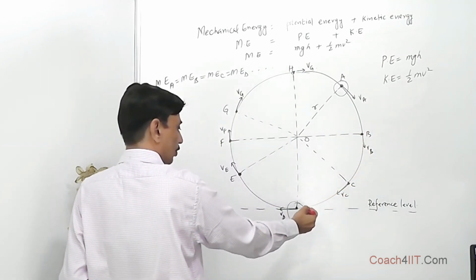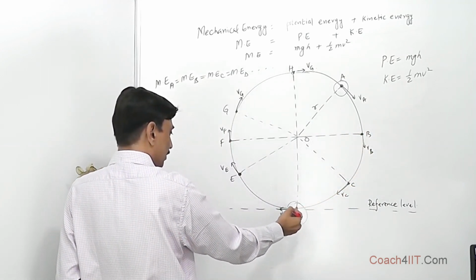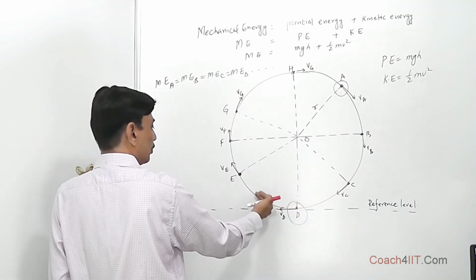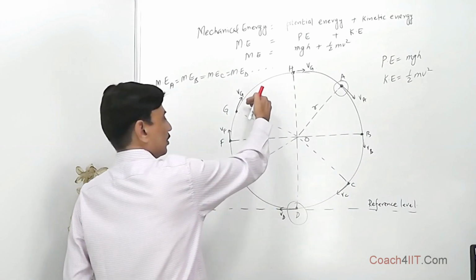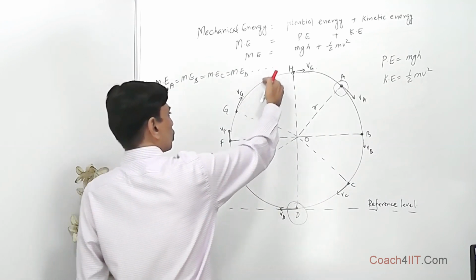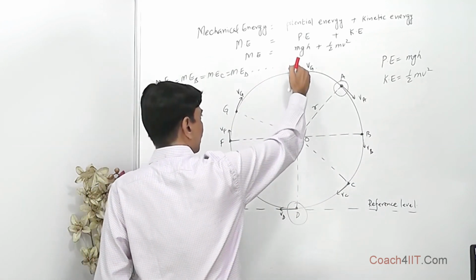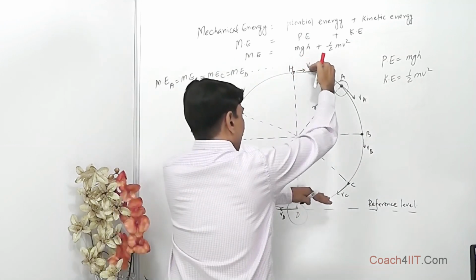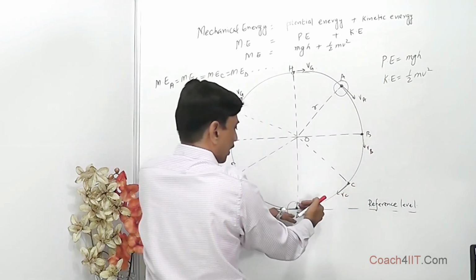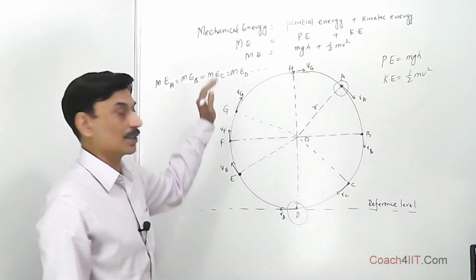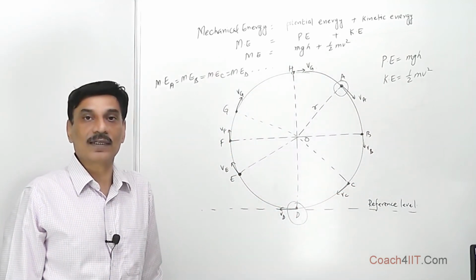We have a common experience of this also. When it rises further, its speed will be reducing, because it is gaining height. The potential energy is increasing, so kinetic energy will be reducing. So over here it is least. Then after that, it is losing height and gaining speed. So over here it is a maximum, and once again the loss of speed will start.